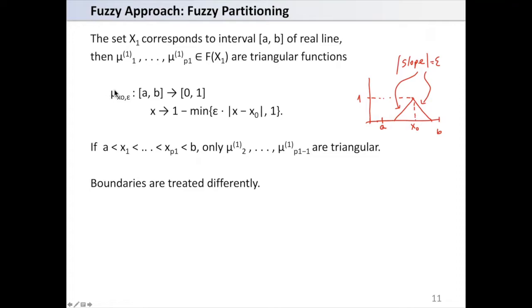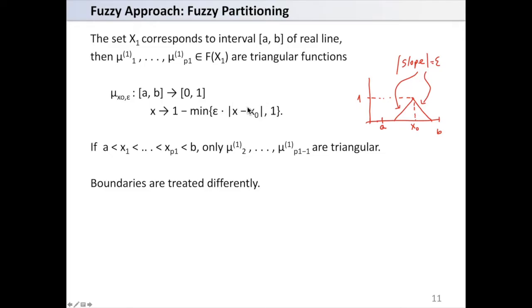The triangular membership function around x0 with slope epsilon is defined from the interval [a, b] to a value in the interval [0, 1], such that for x in this interval the value is 1 minus the minimum of epsilon multiplied by the absolute value of x minus x0, and 1.